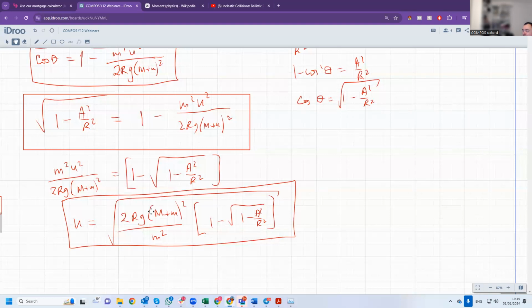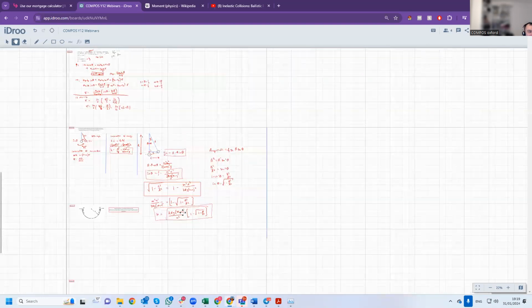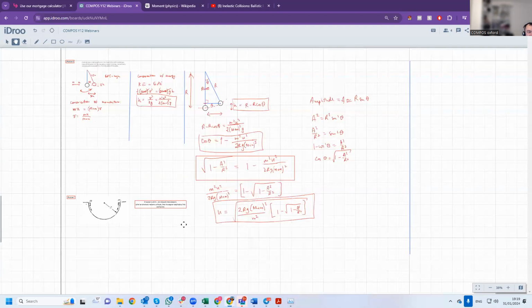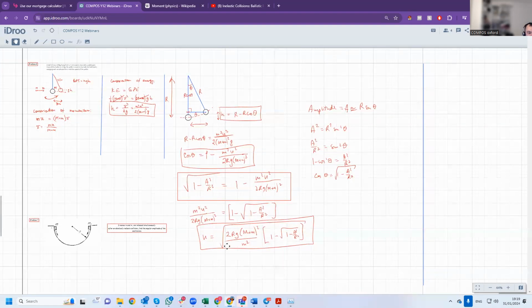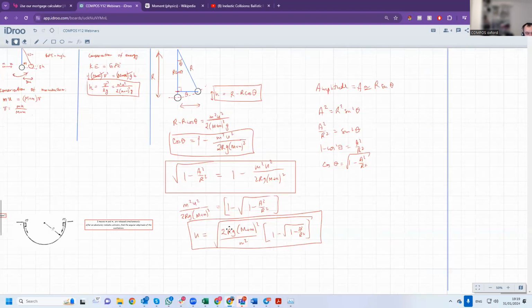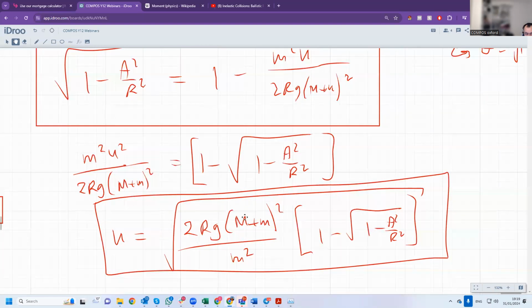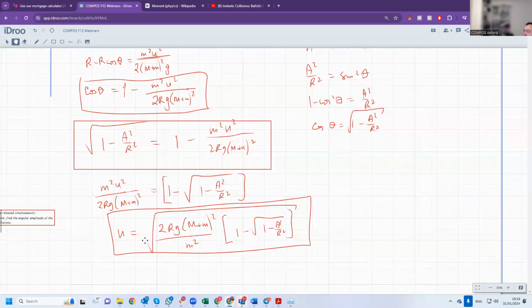Somebody working at a bullet testing facility doesn't need a physics degree. All they need is a formula, and they substitute the mass of the pendulum, the mass of the bullet, the gravitational field, the length of the rope, and you can work out the speed of the bullet.